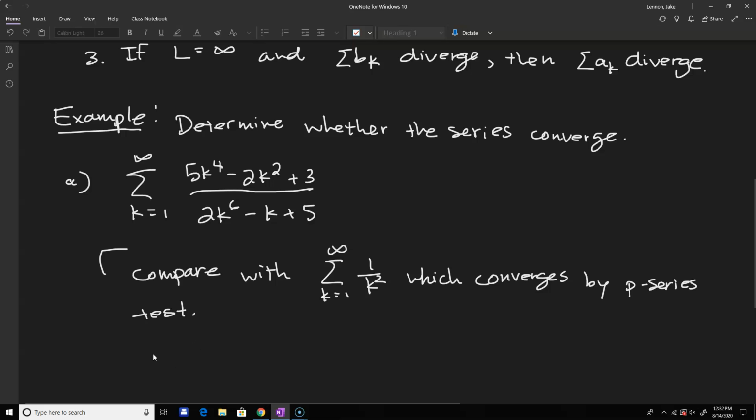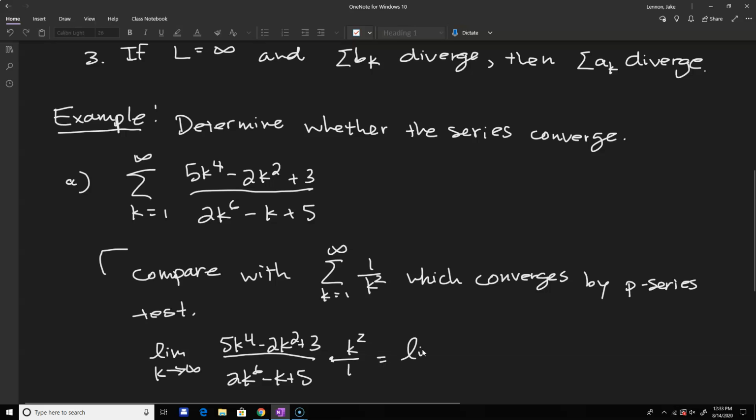So then we check the limit. We look at the limit as k goes to infinity of (5k to the fourth minus 2k squared plus 3) over (2k to the sixth minus k plus 5), and we're dividing by 1 over k squared, so that's multiplying by the reciprocal, which is k squared over 1.